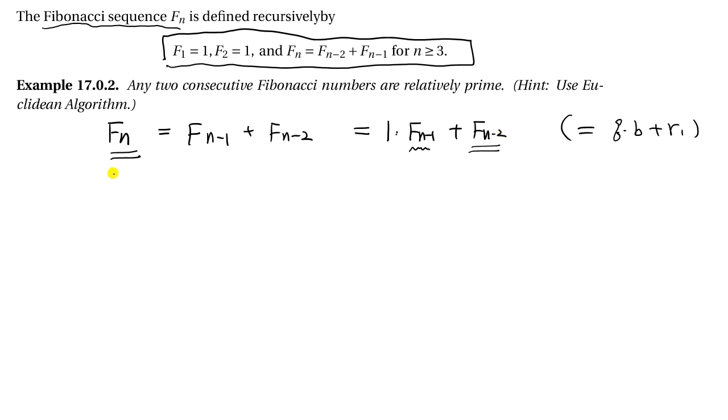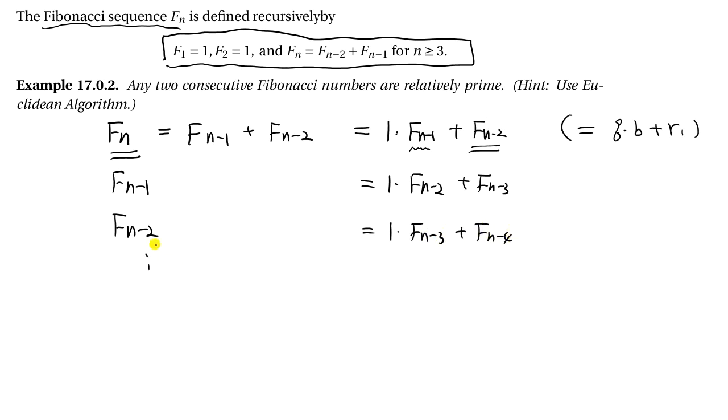Next, let's go down one more, F(n-1). Then it's 1 times F(n-2) plus F(n-3). If you go further, F(n-2) is 1 times F(n-3) plus F(n-4). We just keep doing that, and at the end, F3 is 1 times F2 plus F1.